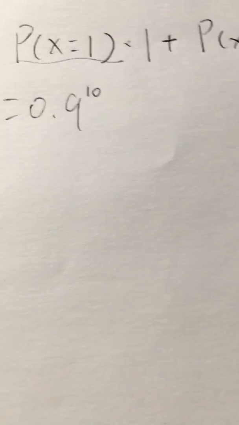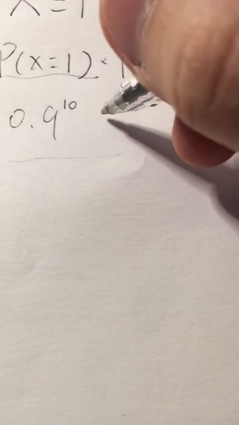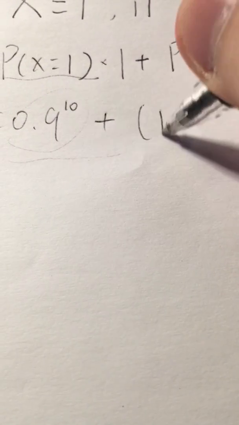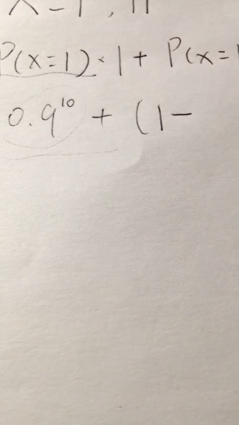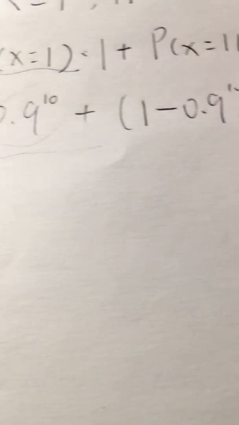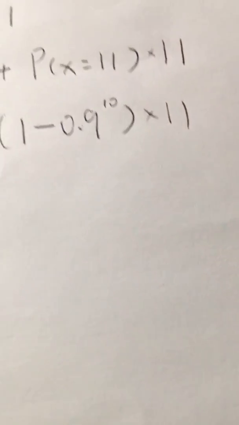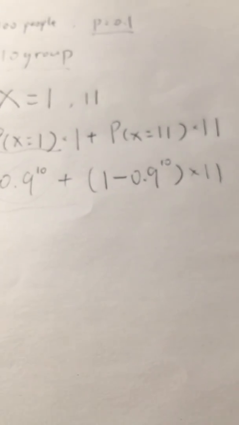So everyone in this group is negative, and the probability is this. And then we add, for positive, X=11, the probability is 1 minus this. Then we multiply by 11. Okay, that's the whole reason.